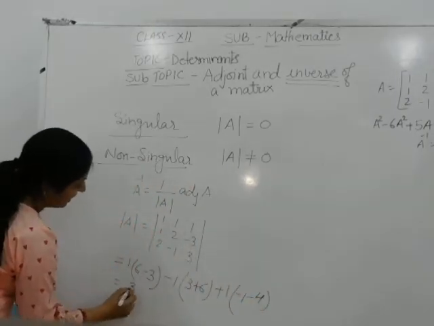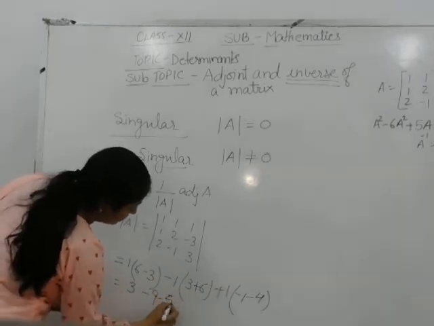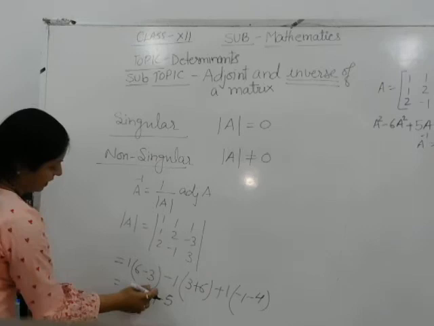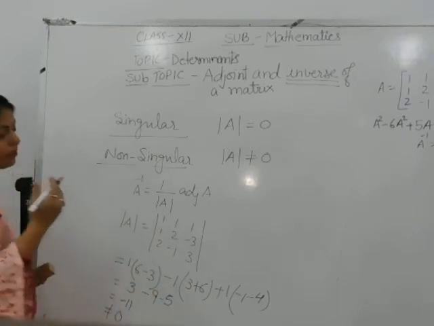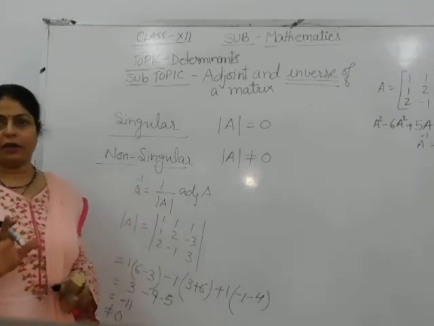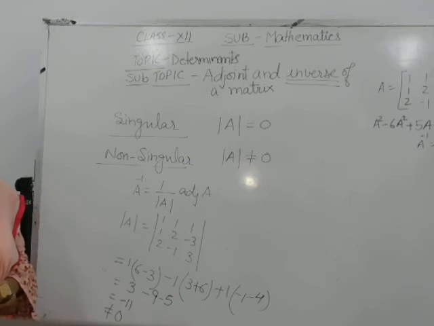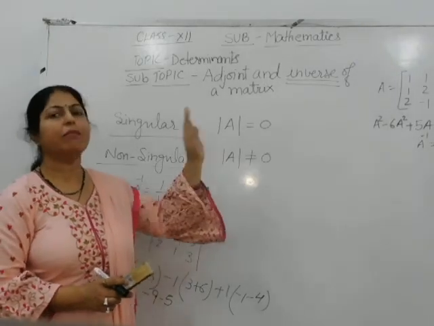So by solving this, we get minus 11. Minus 11 means not equal to 0. Not equal to 0 means the determinant is non-singular. It means we can find the inverse of this given matrix.